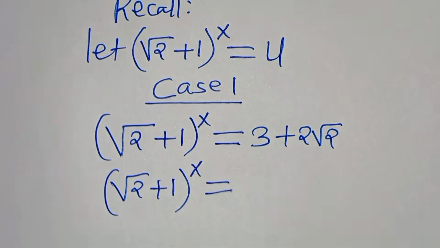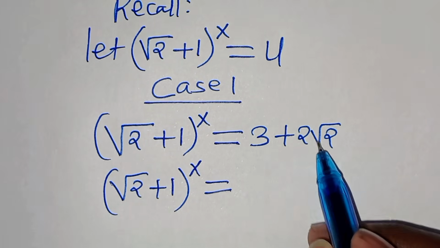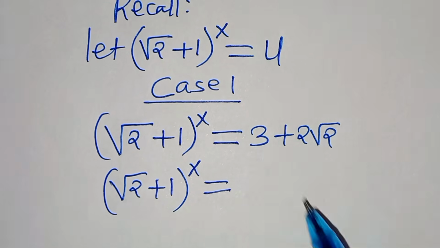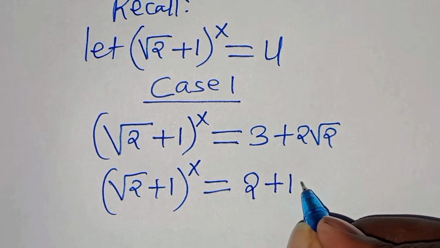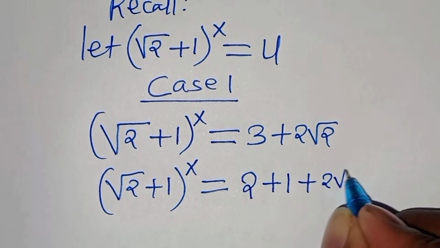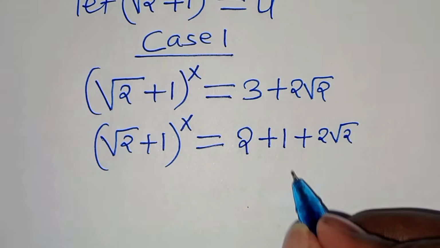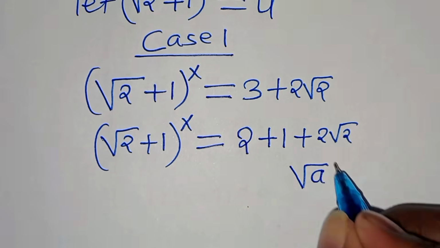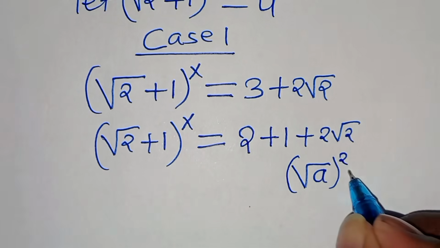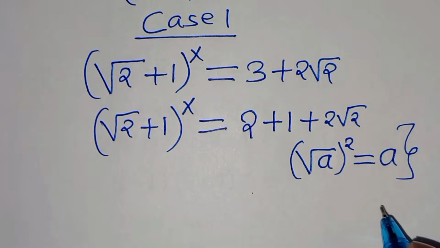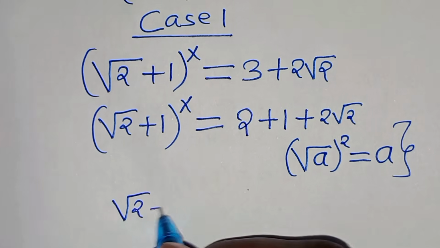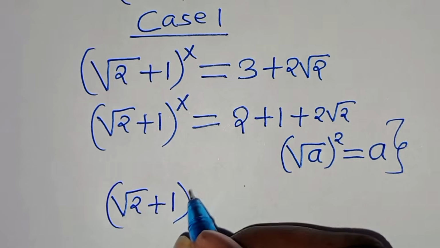This is equal to, we can express 3 plus 2 square root of 2 as 3 is the same thing as 2 plus 1, then plus 2 square root of 2. Now, if we have the square root of a raised to the power of 2, this is the same thing as a.